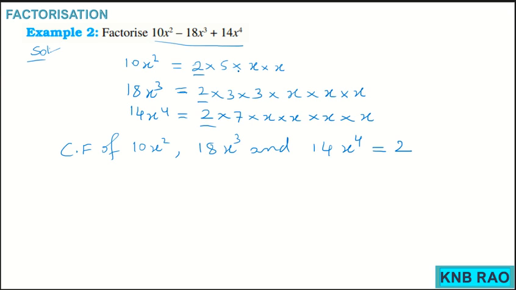So we will not consider the prime numbers 3 or 5 or 7 here. Further, x we could see at least twice, that means I will take x twice in the common factor, which means the common factor of these terms is 2x square.